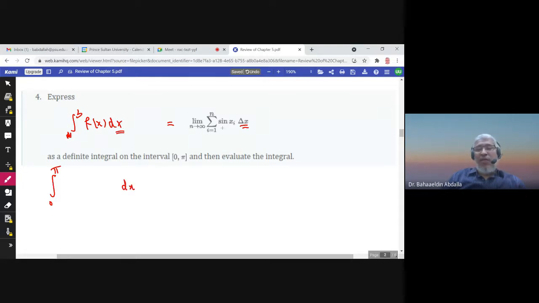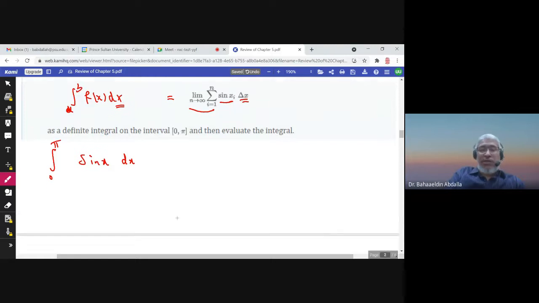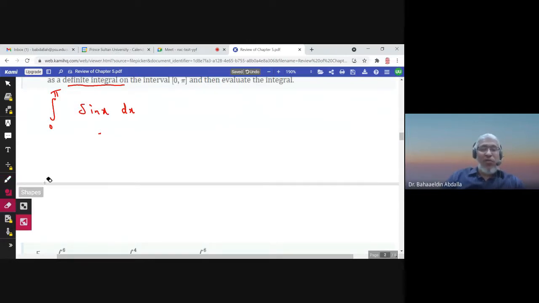And f of xi will change to f of x. So this is sine xi, so it would be sine x. And the limit of the sum will be the integral sign. Okay, so that's the answer, integral from 0 to pi of sine x dx. We expressed this as a definite integral on the interval from 0 to pi.